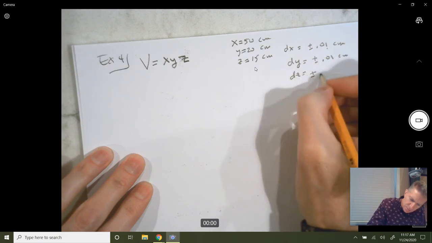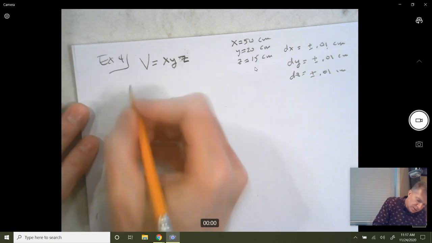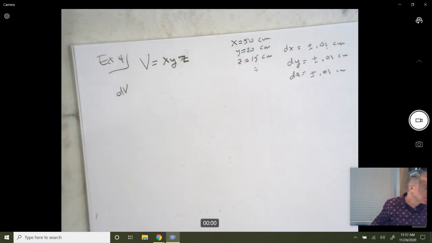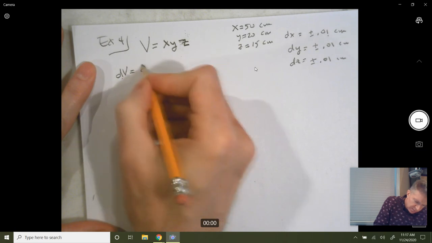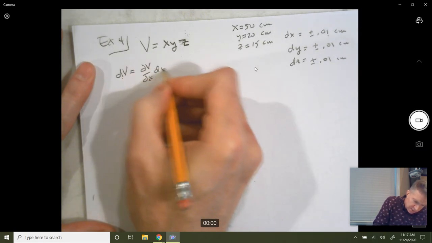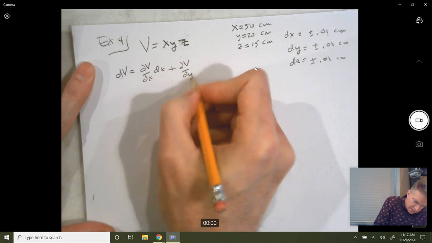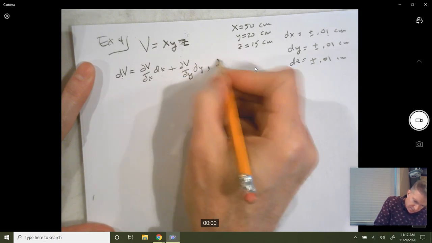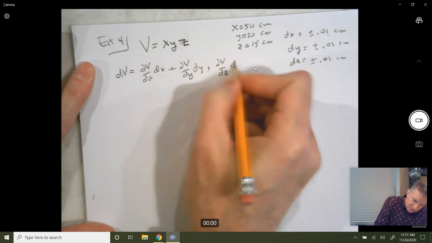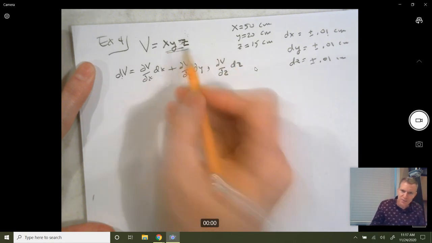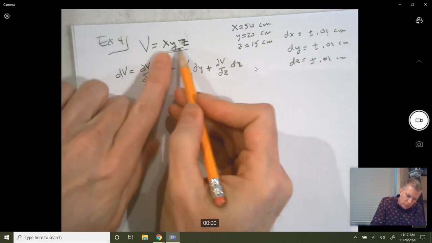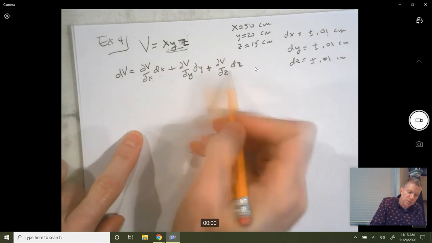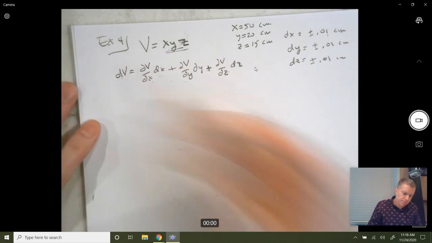Okay, so in this one they're asking you for the propagated error and the relative error. So the propagated error is your differential, dv. So you need dv/dx plus dv/dy plus dv/dz. Notice we've got three parts because we've got three different inputs. So there's going to be three different errors in our inputs that will all contribute to the total propagated error.